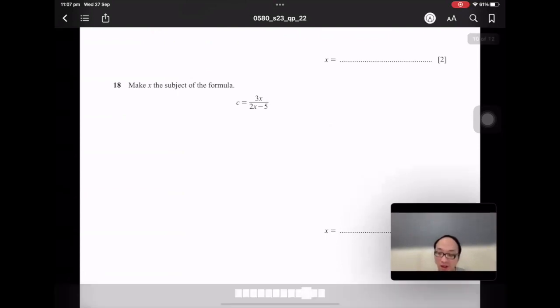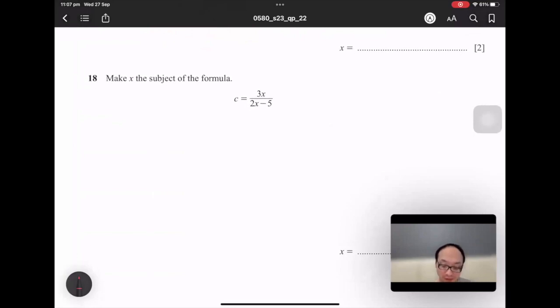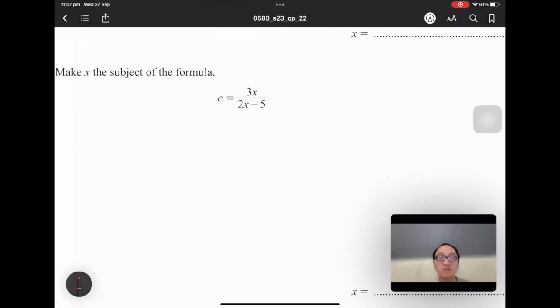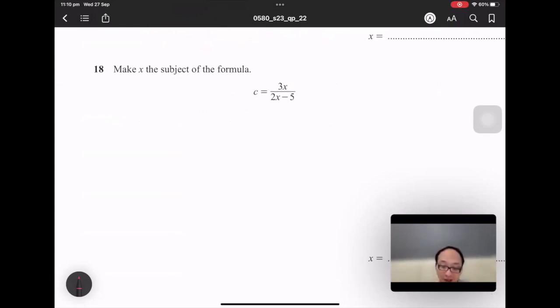Question 18, make X the subject. So we have to collect X on the left side. So I can do the cross multiply first. So C times (2X minus 5) equals 3X. And then I expand.